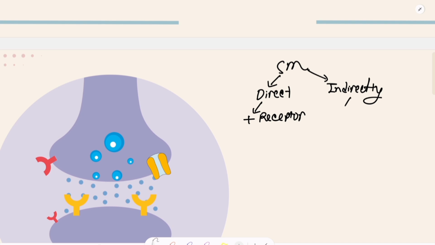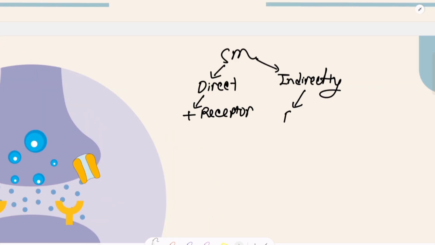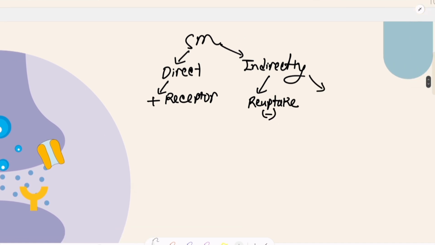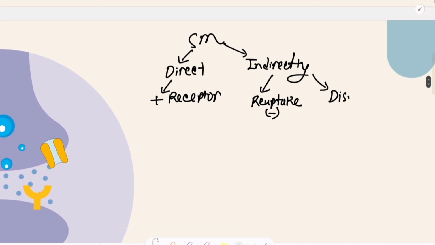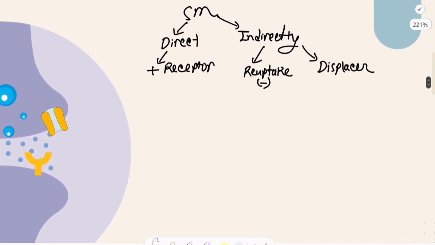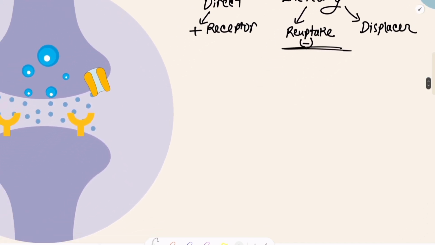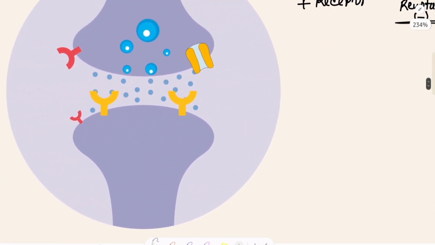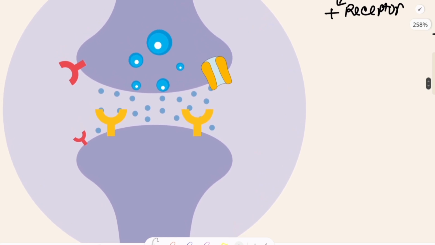One we previously discussed, the reuptake inhibitor, and the other group of drugs is the displacer. A drug that inhibits the reuptake of noradrenaline will increase sympathetic activity. The main drug that acts by inhibiting reuptake is cocaine.